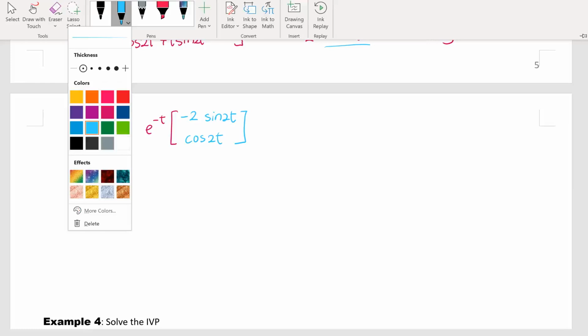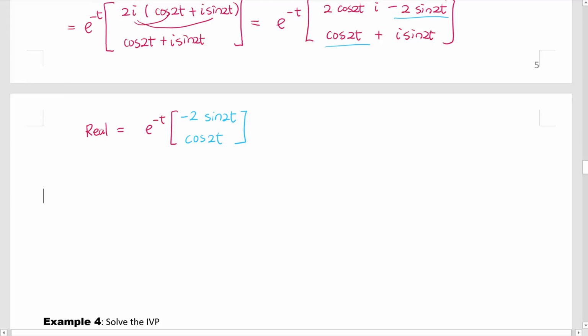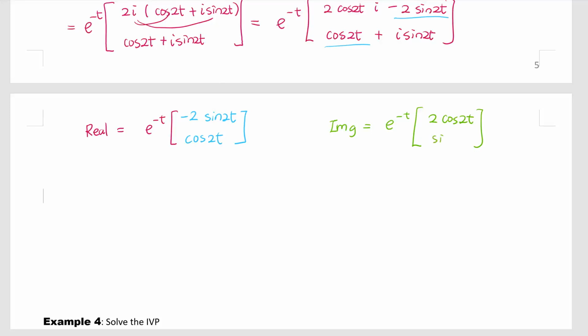So the imaginary part, you can pick the green color. So you can see the imaginary part is 2 cosine 2t and i, and we have sine 2t times i, right?